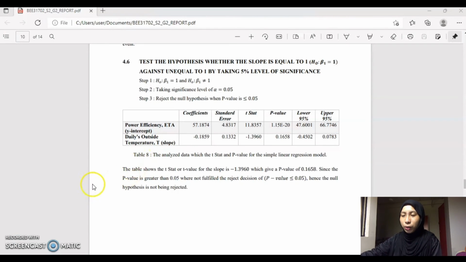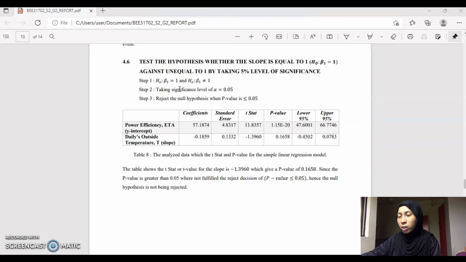So I will continue to explain tasks F and G. For F, test the hypothesis whether the slope is equal to 1. We use H0: beta 1 equals 1 against H1: beta 1 not equal to 1, by taking a 5% level of significance. We need to take three steps. First, we set H0: beta 1 equals 1, and H1: beta 1 not equal to 1.